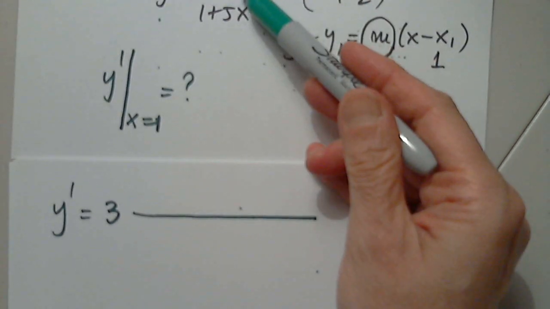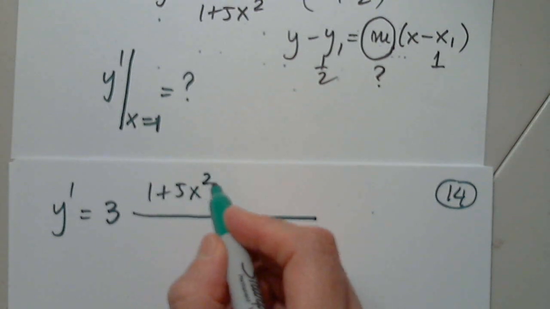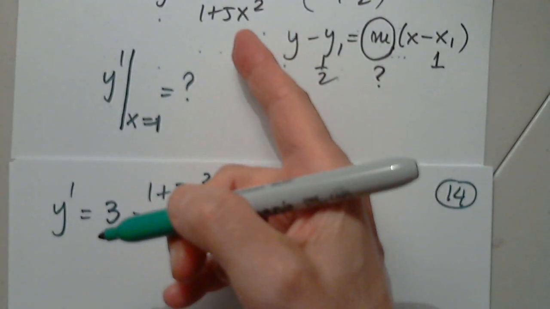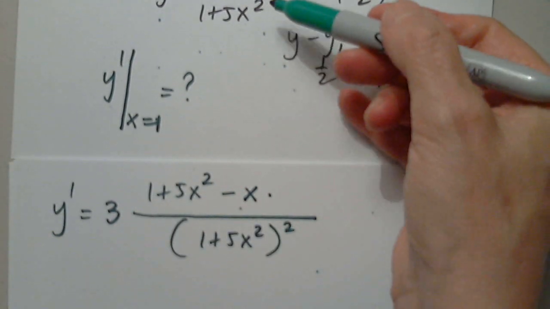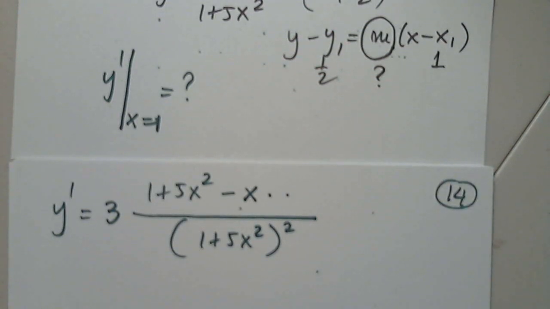So the top prime, I know you're going to say 1, times 1 plus 5x squared, minus the top times the denominator prime, over the denominator squared. Can anyone differentiate this? And I will put it here. Is it 10x?